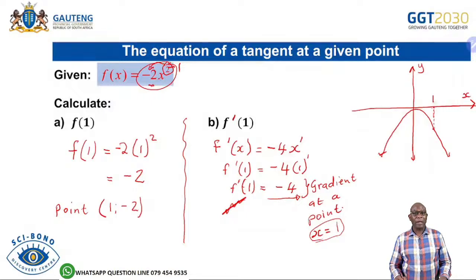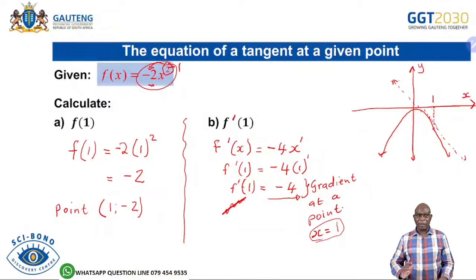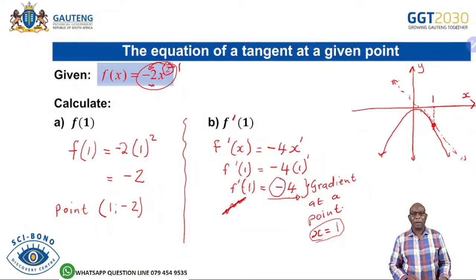If I want to draw the gradient at that particular point, my gradient will be in this direction. So that is the gradient of that line. The line will pass through that particular point at 1, and you can see that the gradient of that line is negative. So that's why we got a negative here.